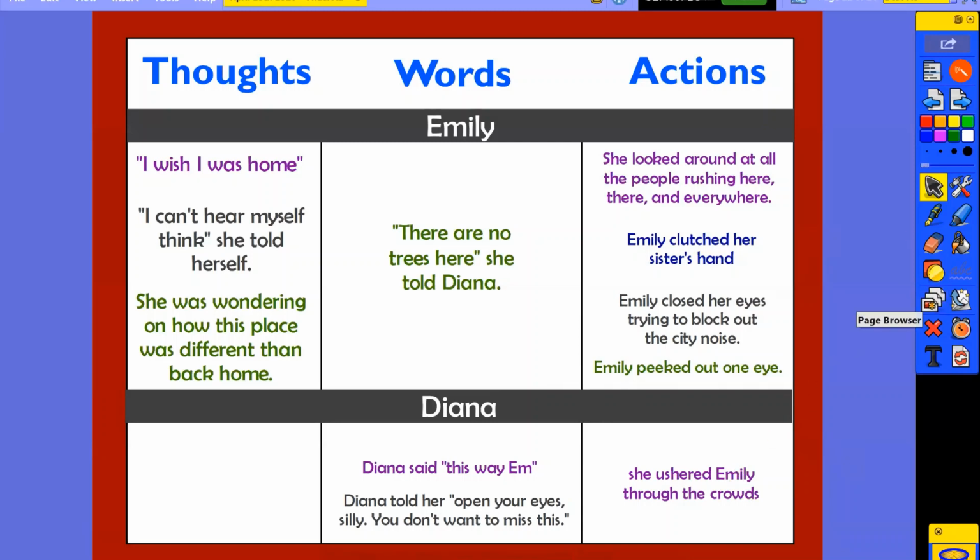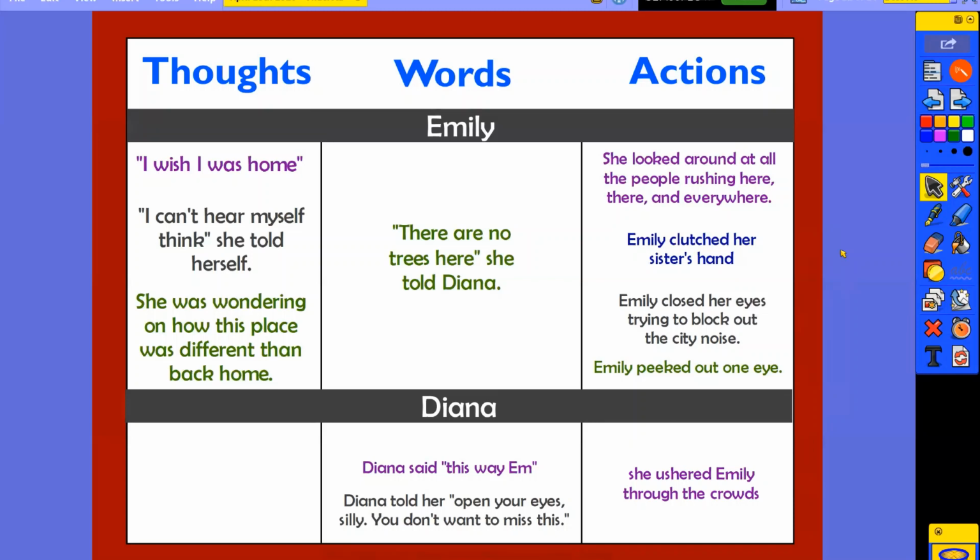So, based on this slide, we can see the difference here between Emily and Diana, right? Just by reading Emily's thoughts, words, and actions, can you tell me how she was feeling when they went to New York, or when she stepped out of the train station? Can you think of an answer?